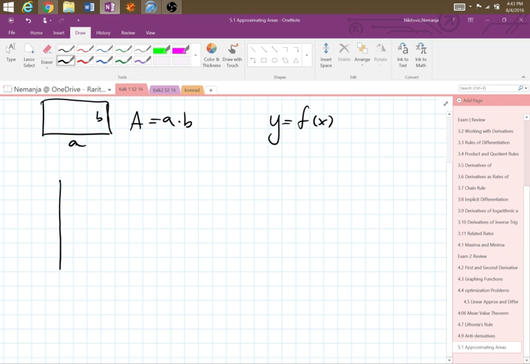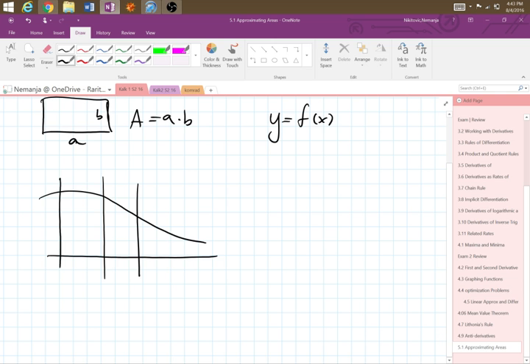So what I'm going to do now is just draw a random function. Because I'm explaining the process, I don't even need to know which function it is. And I'm going to partition one of these areas like this. I'm going to call this, let's say, xn, and this is xn plus 1.